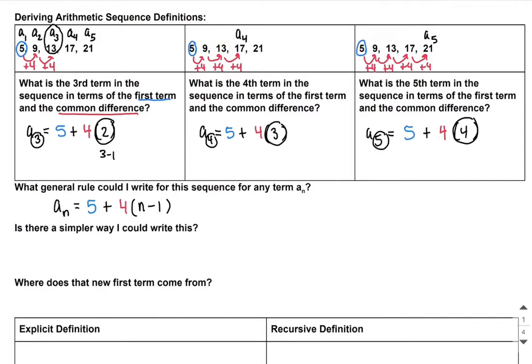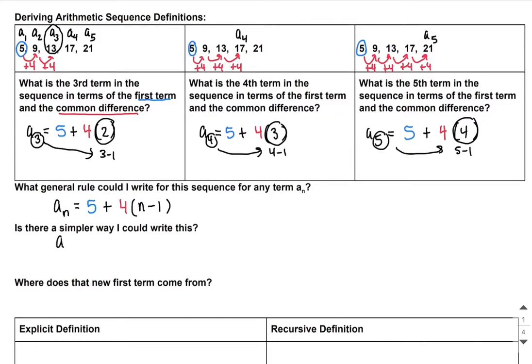2 is 3 minus 1. 3 is 4 minus 1. 4 is 5 minus 1. That 5 came from here. That 4 came from here. That 3 came from here. So that's the pattern. And I want to know, is there a simpler way I could write this? And the simpler way that I could write this is, what I normally do when I see a constant and parentheses next to it, I distribute.